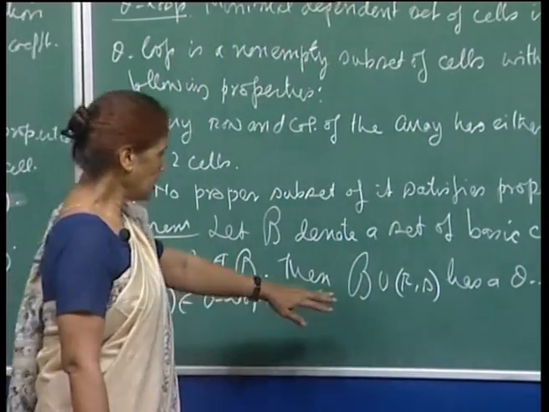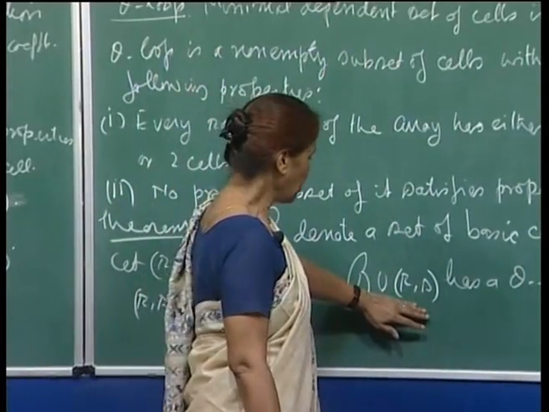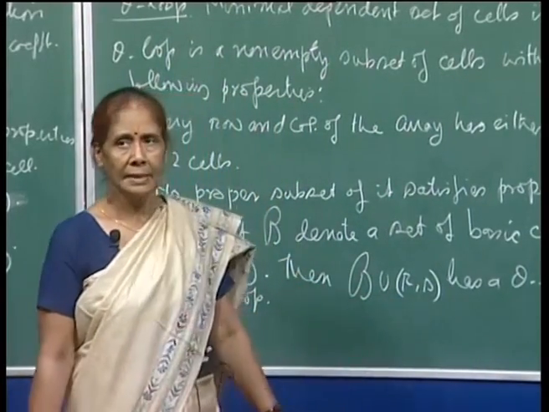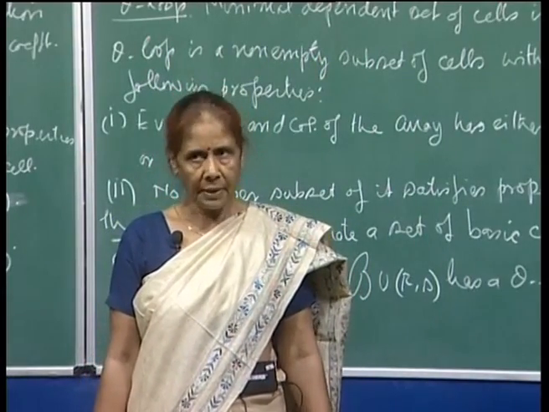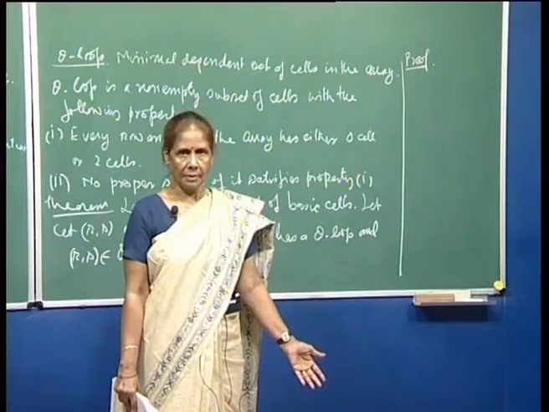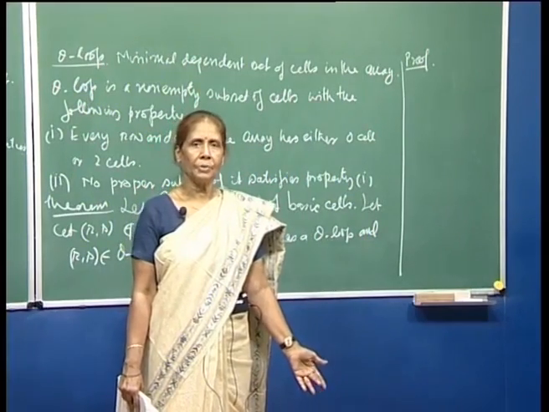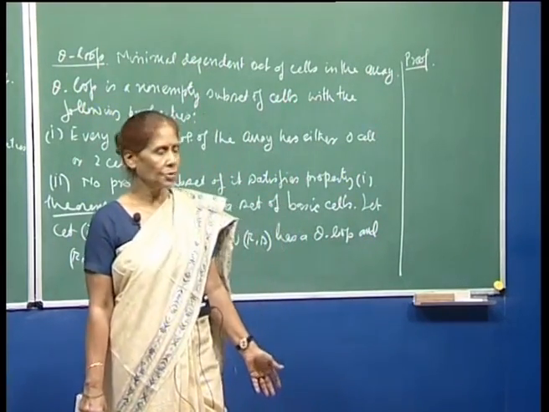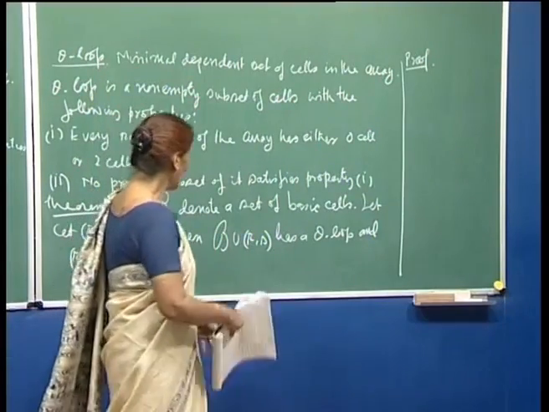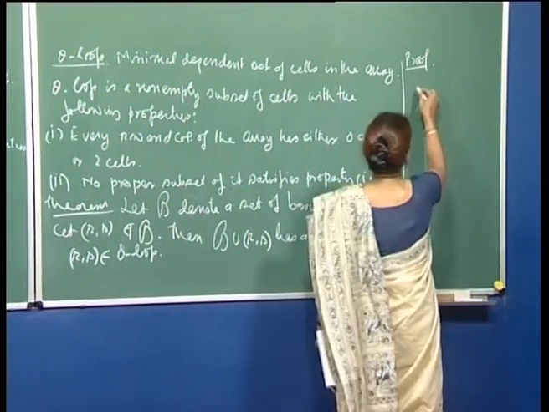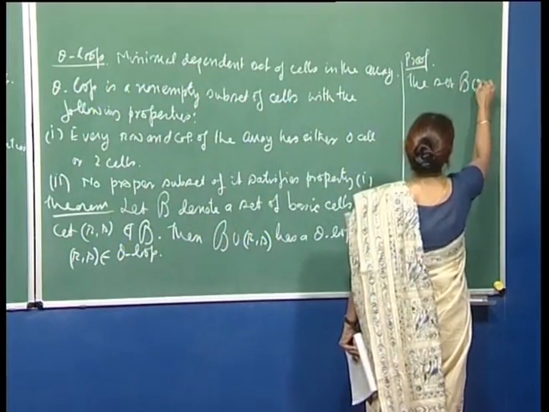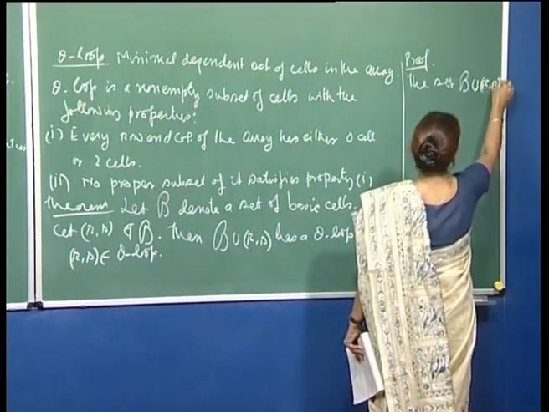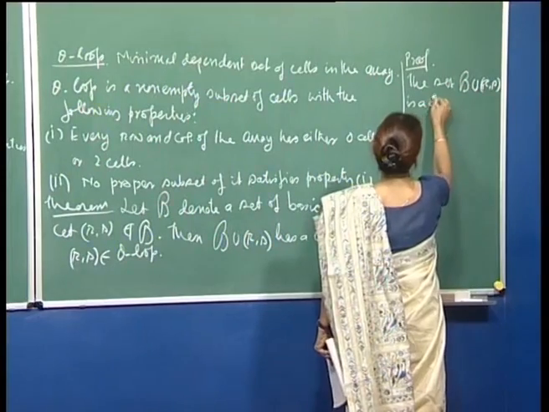So, now since B union R comma s has m plus n cells, that means the corresponding columns are m plus n in number, and we know that they cannot be linearly independent, because the rank of the matrix has been shown to be m plus n minus 1, right. So, therefore, the set B union R s is a dependent set.